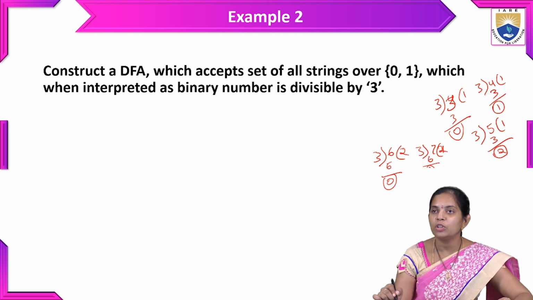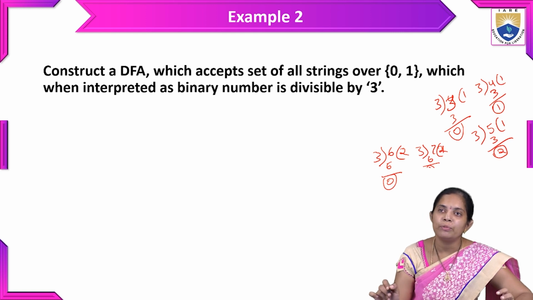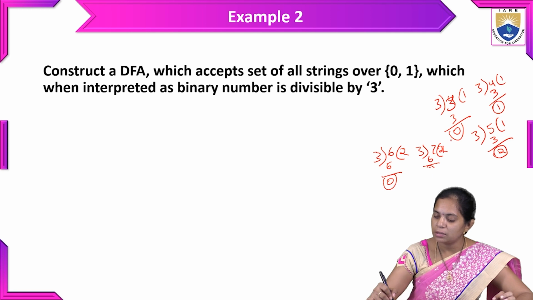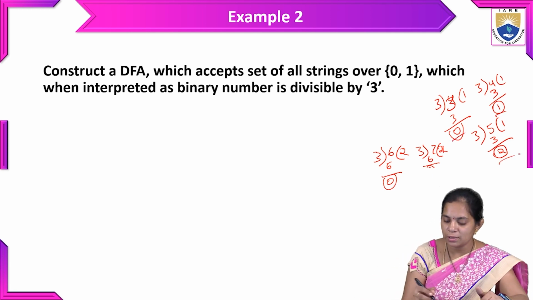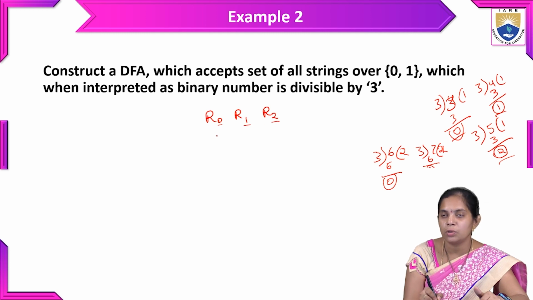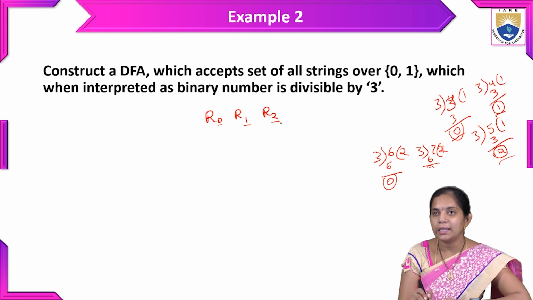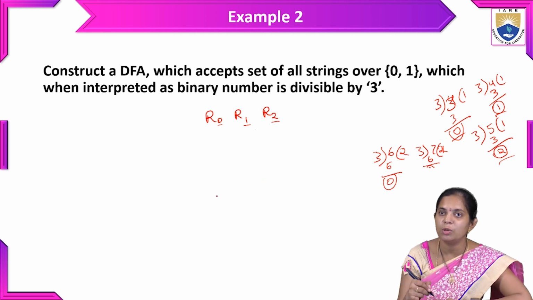So this is continuous. If you divide n number of integers by 3, we will get the remainders 0, 1, 2. So we have to write the remainders like R0, R1 and R2. So this represents the remainders: 0 remainder, 1 remainder and 2 remainder. And the second step: we need to find the integers which are divisible by 3.